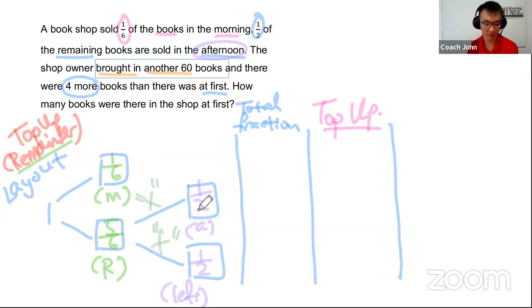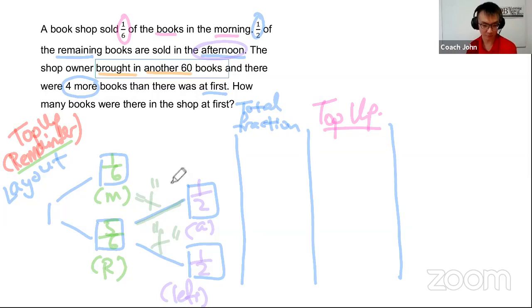And is half the total fraction or is it a fraction of the remainder? You have to ask yourself this. If you're not sure, you can see that this branch only links to remainder. So this is a fraction of the remainder. 1/6 is the total fraction because it's a fraction of the whole thing. I'm trying to use layman terms.